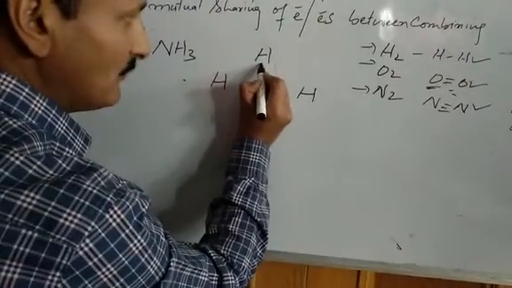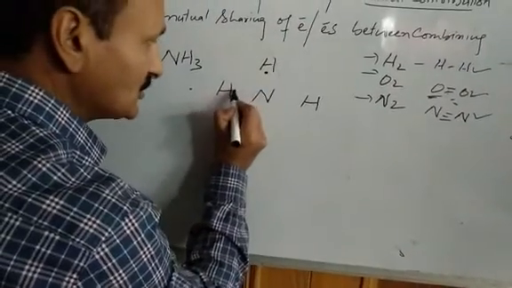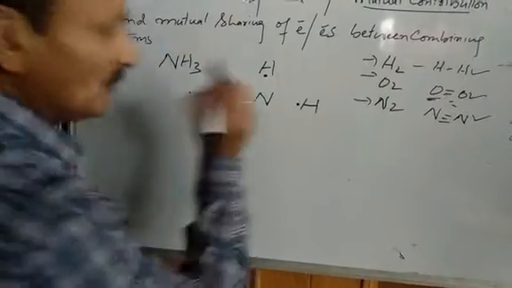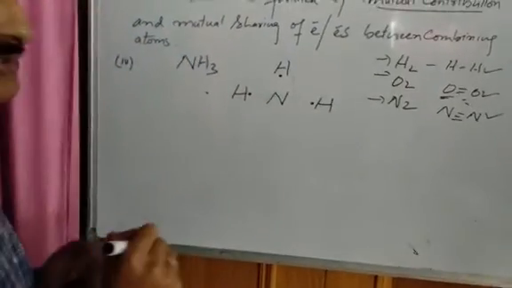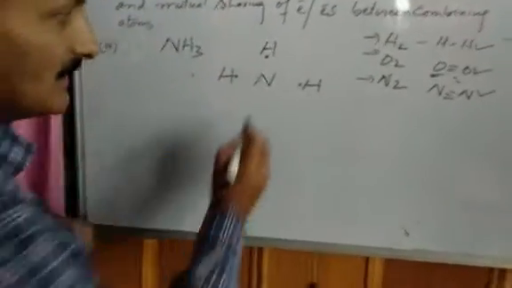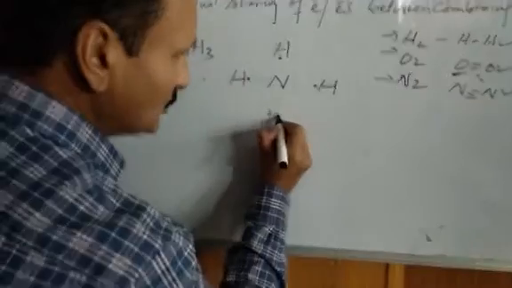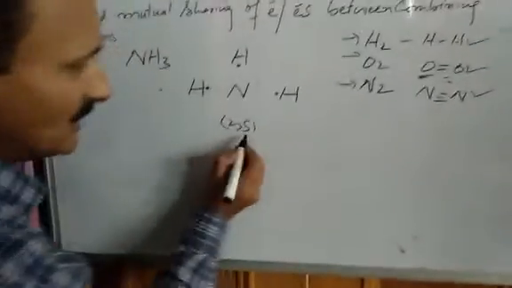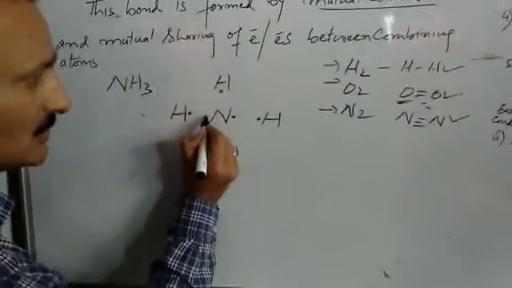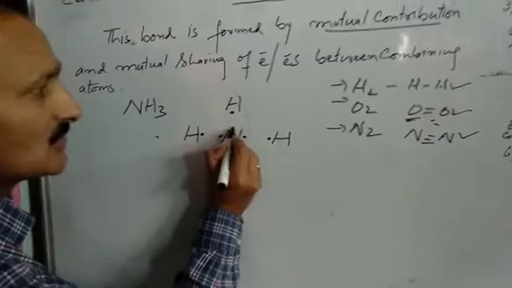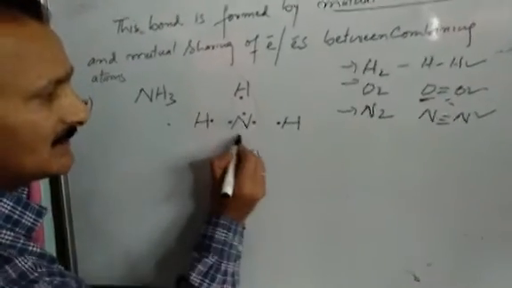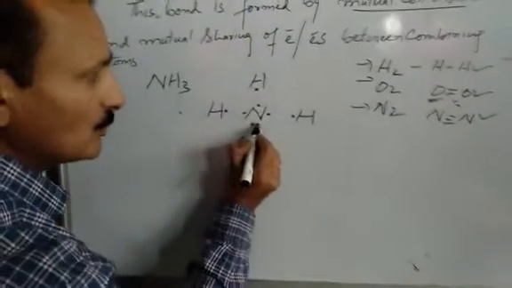That is, they will have 1 electron each. What about nitrogen? Nitrogen has atomic number 7, with electronic configuration 2, 5. How many valence electrons? 5. I will show those 5 electrons: 1, 2, 3, and then the remaining 2. That is 5.